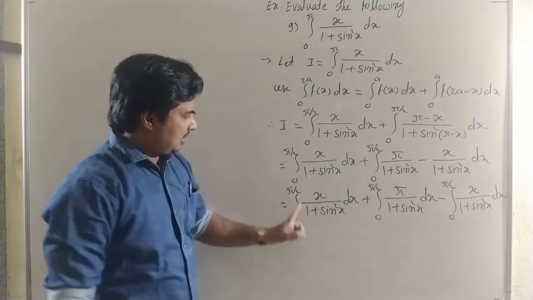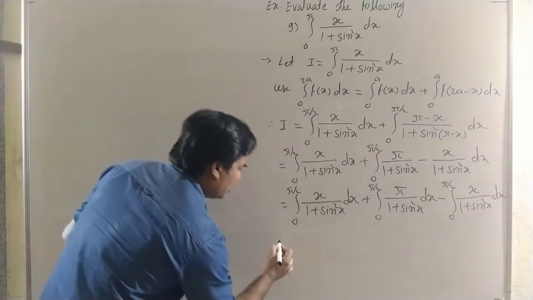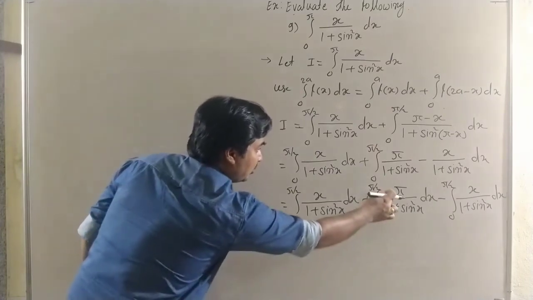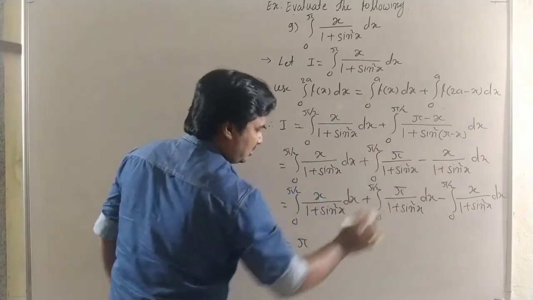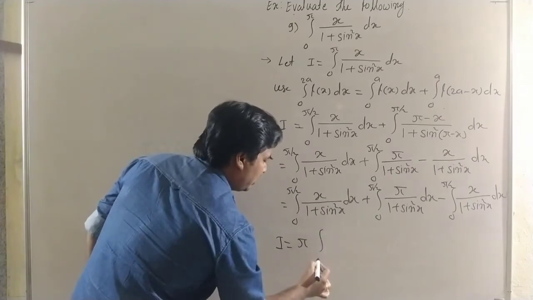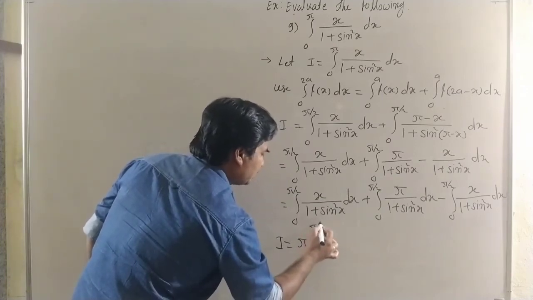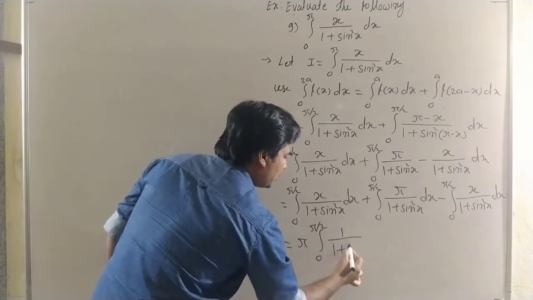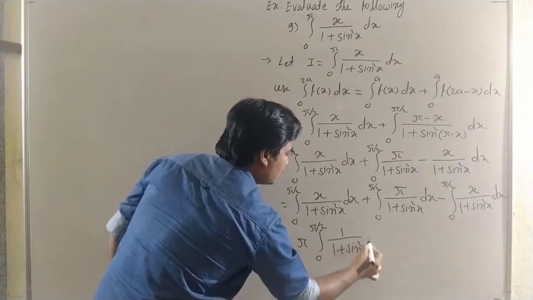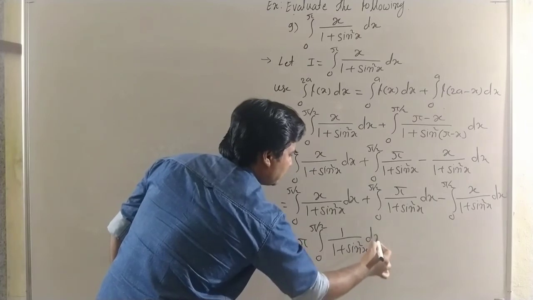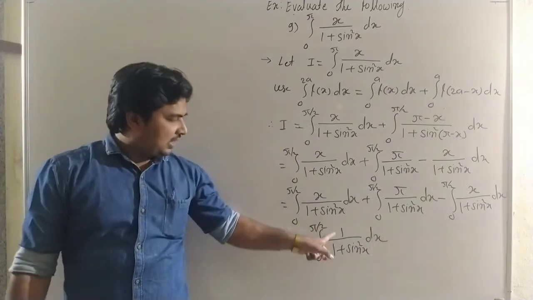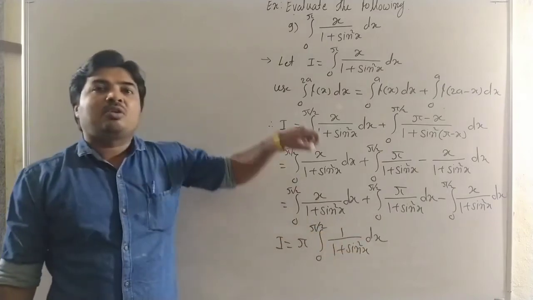Again the first and last terms get cancelled, therefore our integral is pi, which we can take outside, times integral 0 to pi by 2 of 1 upon 1 plus sine square x dx.